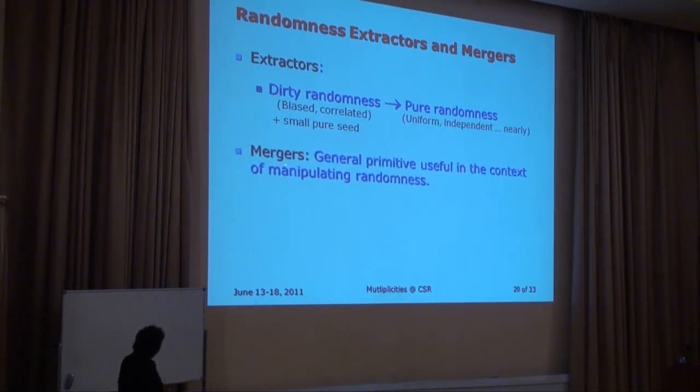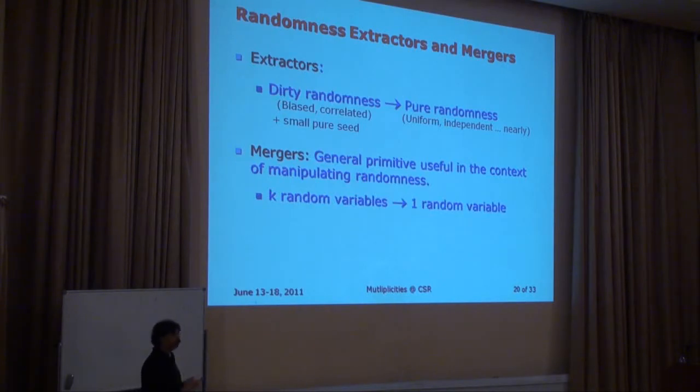A different object which was used in a particular construction of extractors was this thing called mergers. It's also in this industry of randomness processors, one of these ingredients. What it does is it takes k random variables and produces one. What we are told about these k random variables is that one of them is actually uniformly distributed, just the way you want the output to look.